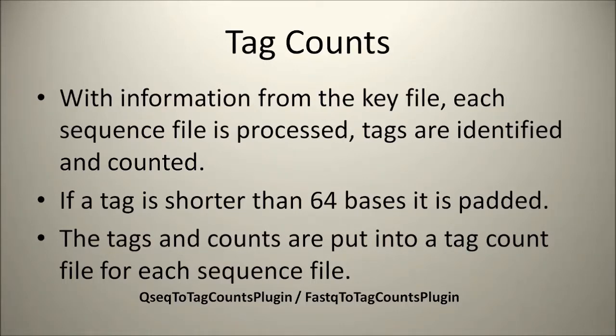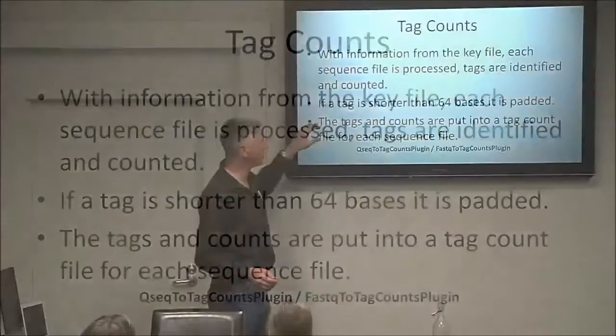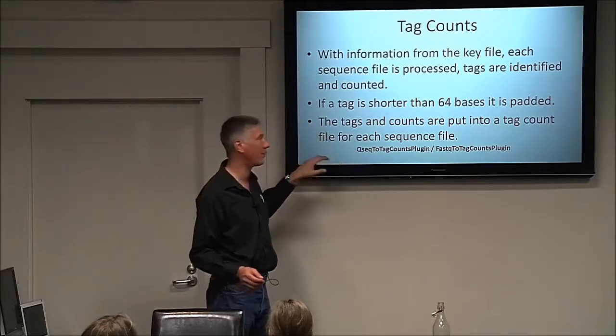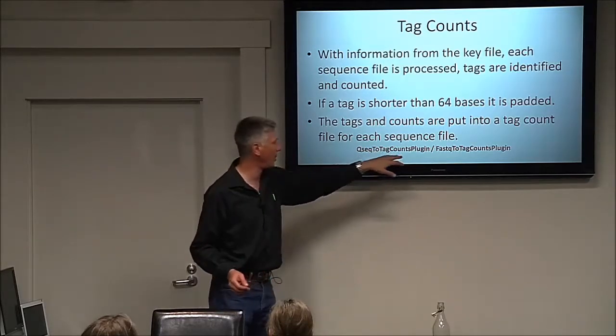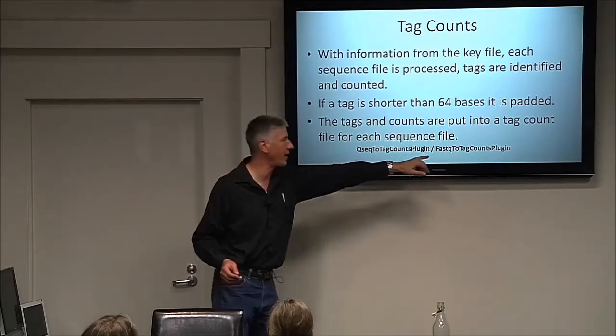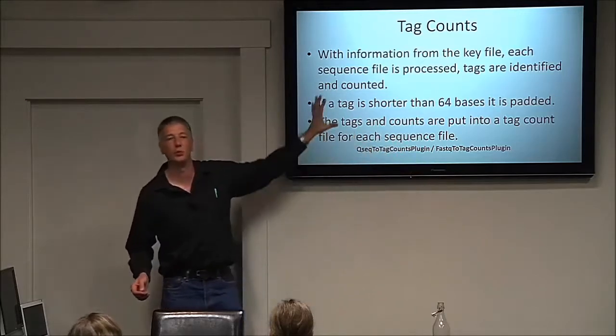Of course, as we were just talking about, if a tag is shorter than 64 base pairs, it's padded with A's, and information about the actual length is kept. At this step, the tags and the counts are put into one tag count file per sequence file. Either the QSeq to tag counts plugin or the FastQ to tag counts plugin in Tassel 3 will do this job.